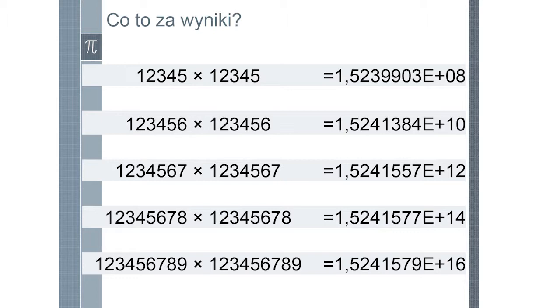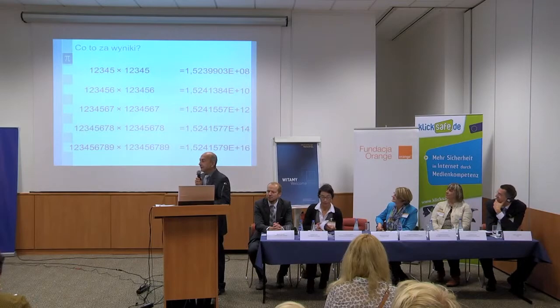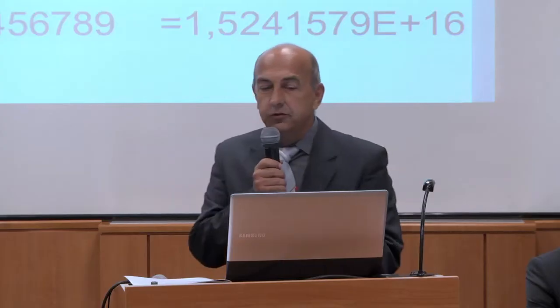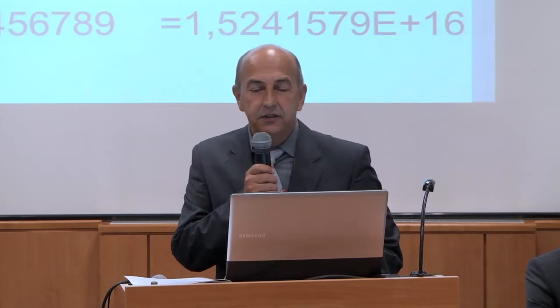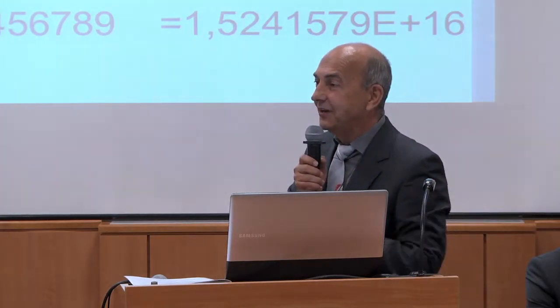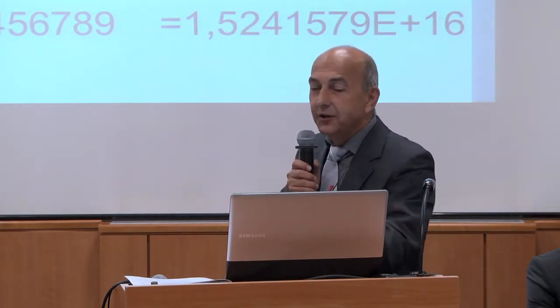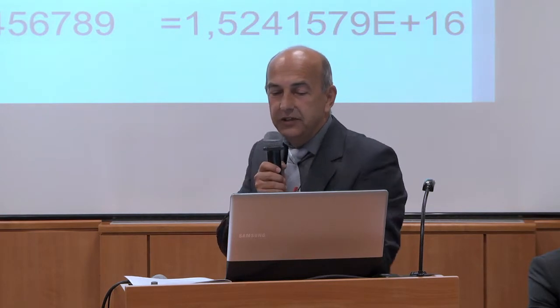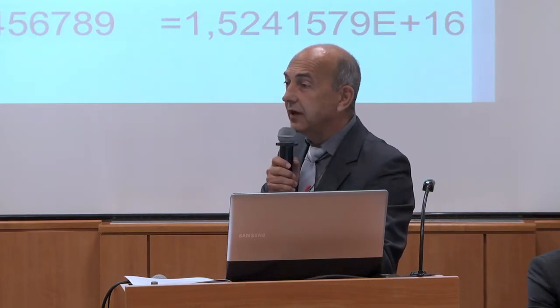But something strange shows up. Why is it so? If we let the children play, they will arrive at the conclusion that there's only one number missing. Here we don't have 2 or 3 numbers.